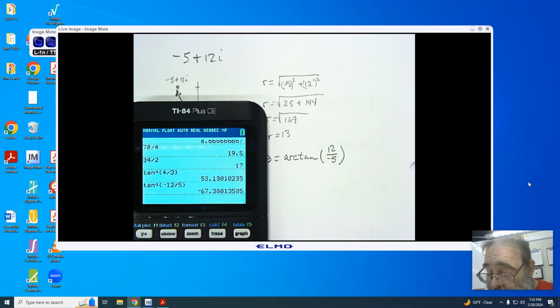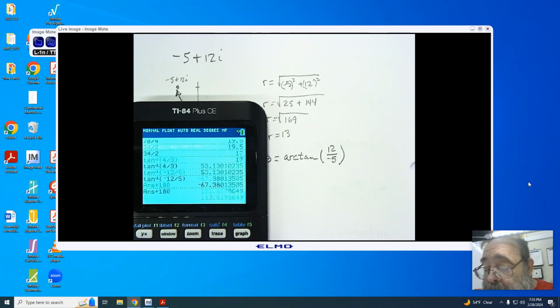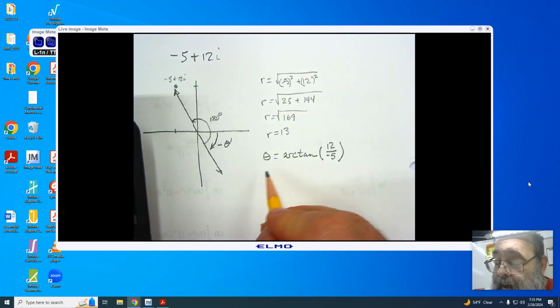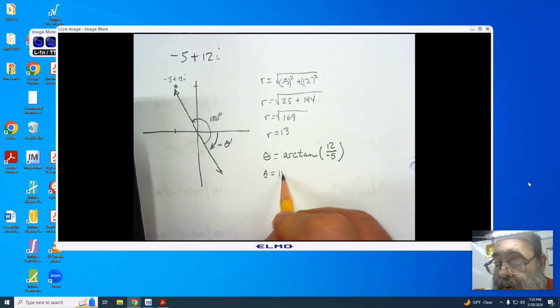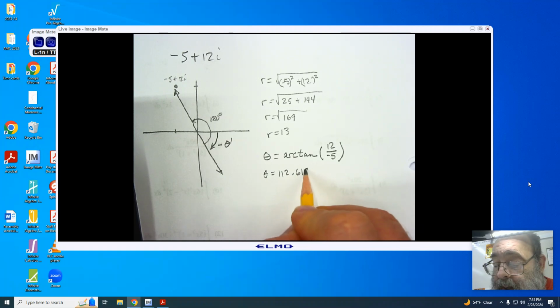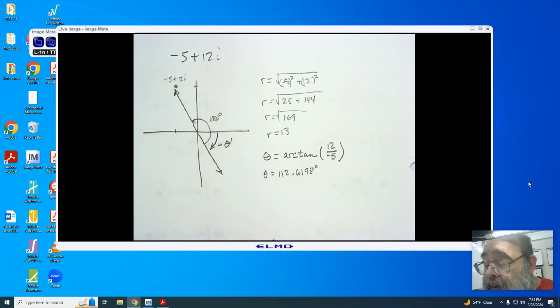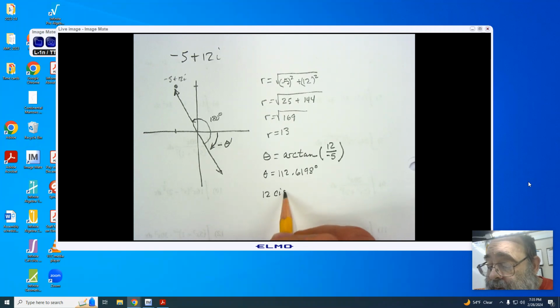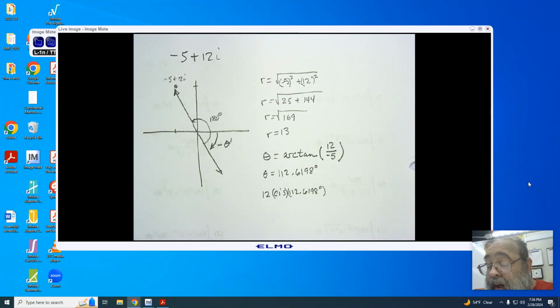We now add 180 degrees, and we get theta equaling 112.6198 degrees. This gives us 13 cis 112.6198 degrees. Once again, I'm just going to put parentheses around things so I can see them clearly.